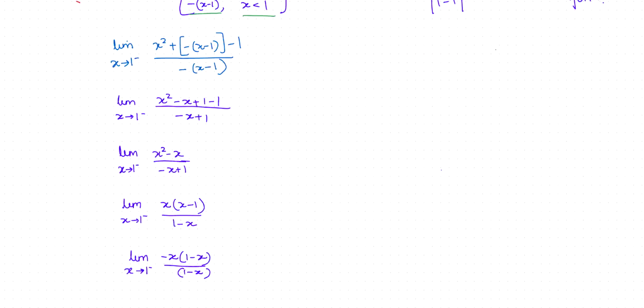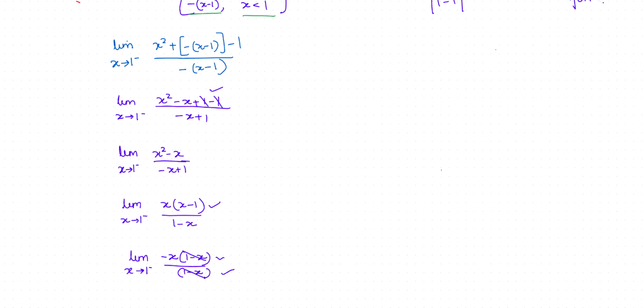So when we put minus x plus 1 here, we simplify, 1 and minus 1 get cancelled, and then we factorize, factoring x out, and then we can cancel 1 minus x, which we found in the numerator and denominator.